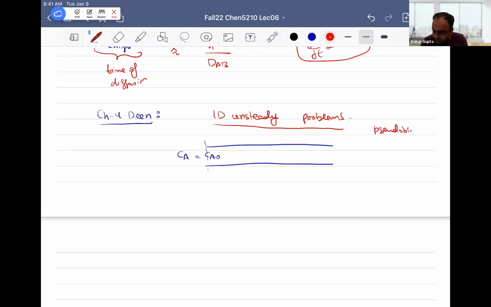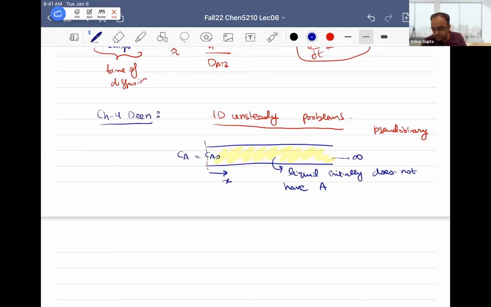The initial liquid is free of A. I like to think of it as carbon dioxide being pressured into a water phase, so dissolving CO2. Initially the water was free of CO2. Now you are pressurizing on one side. This is x, and this is infinity here. It's a very long tube.